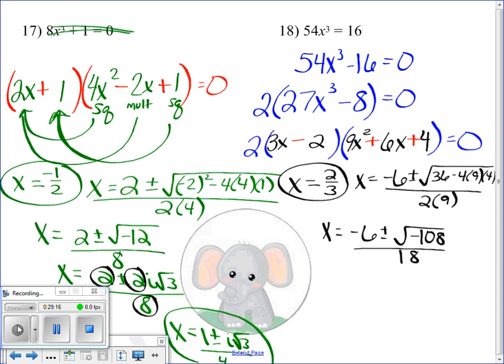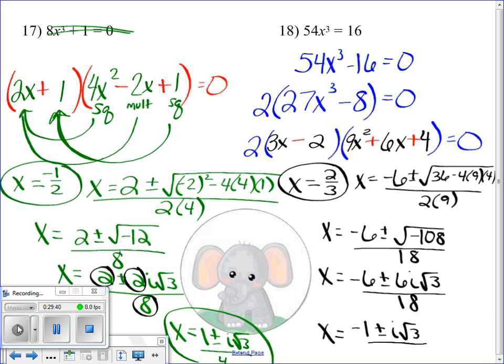All over 18. So that should give me 6i radical 3 over 18. Sure, you trust me, right? Take my word for that. All right, you can divide them all by 6. So we get negative 1 plus or minus i radical 3 all over 3.